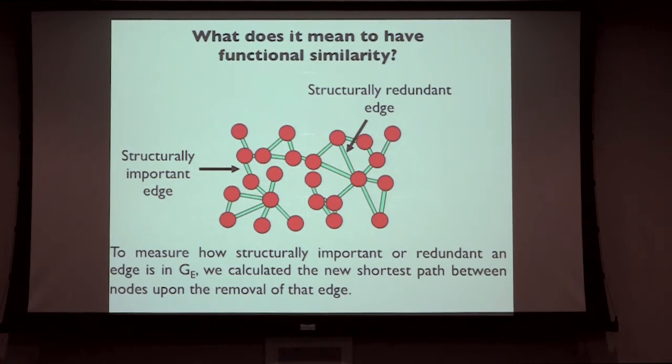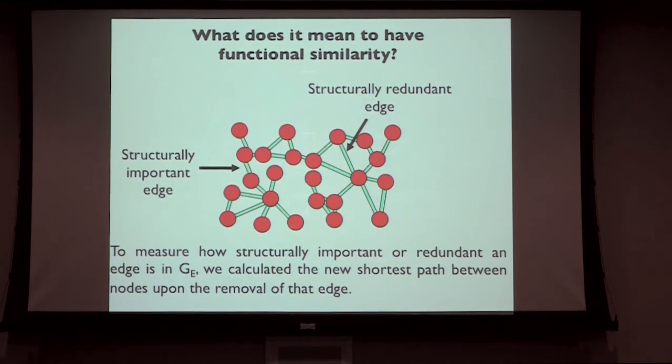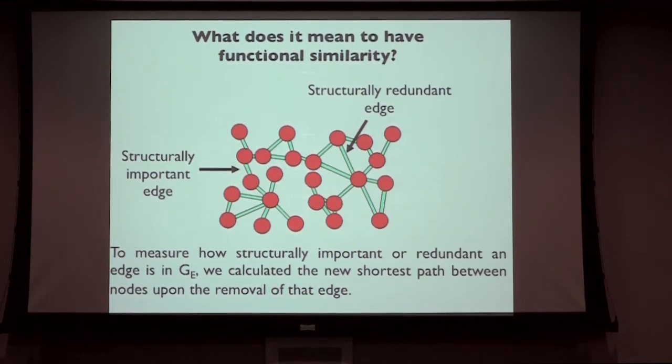To measure how structurally important or redundant an edge is in our gene-gene graph, we calculated the shortest path between the nodes. So we took an edge here that we say is connected, and then we looked at the experimental network, the gold standard, and we said, okay, well, how important is that edge in the gold standard network?